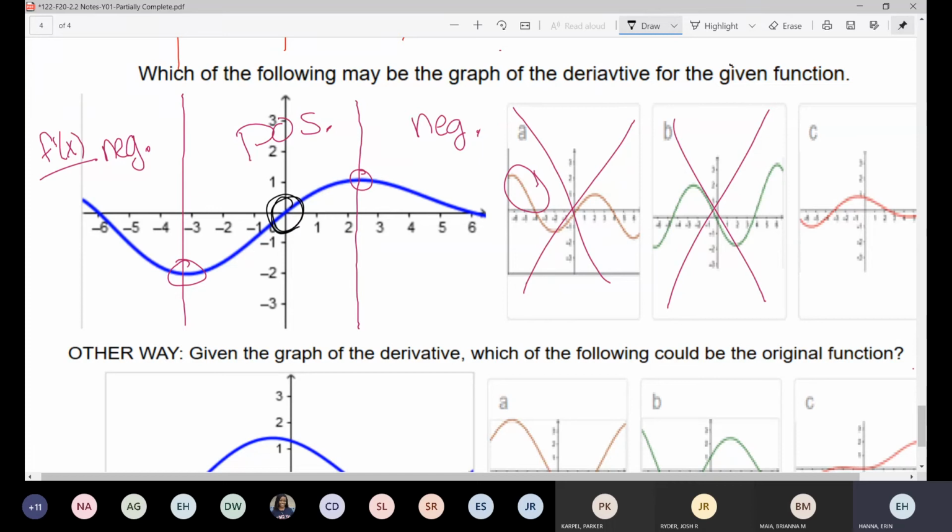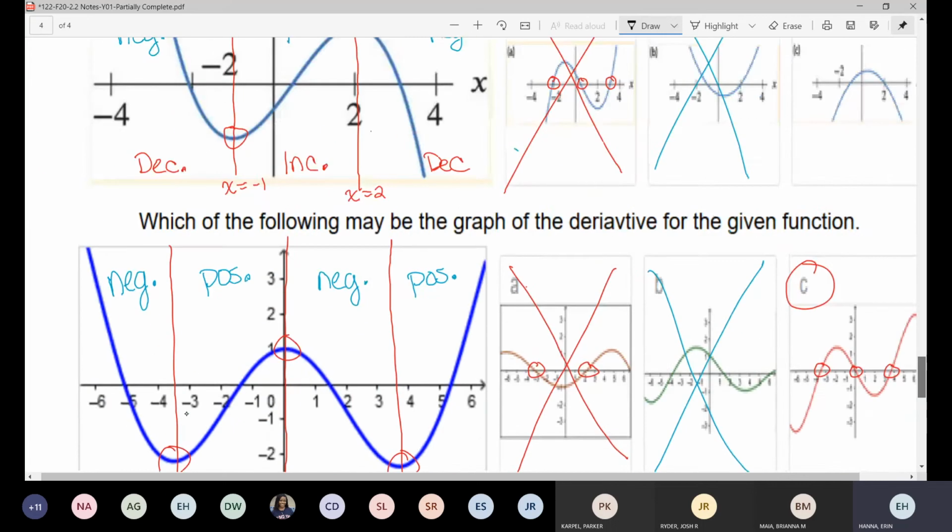Is that a maximum or a minimum? No, so we don't care about it. We don't care where the original function crosses. What we're being told is when it has a max or a min, that's where the derivative should cross. So it doesn't matter that it crossed the x-axis there on the original function. That doesn't tell us anything about the derivative, so we don't care about it.